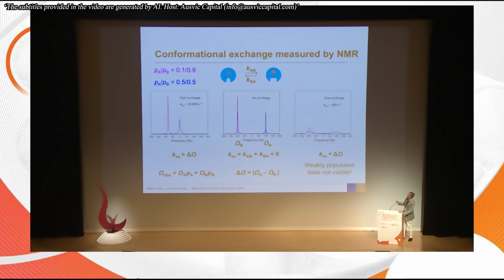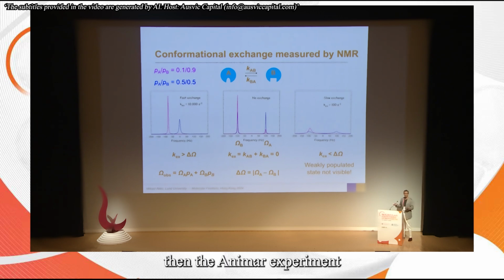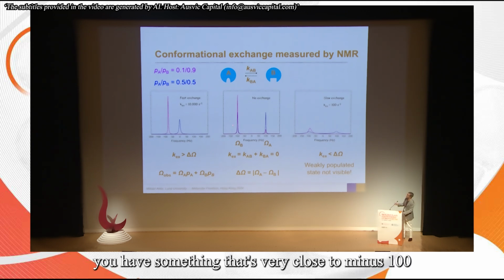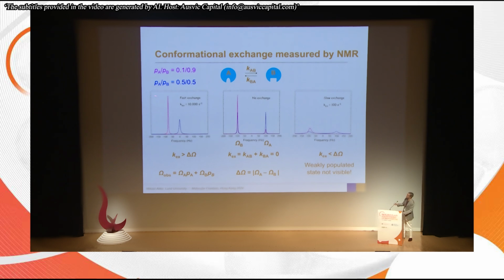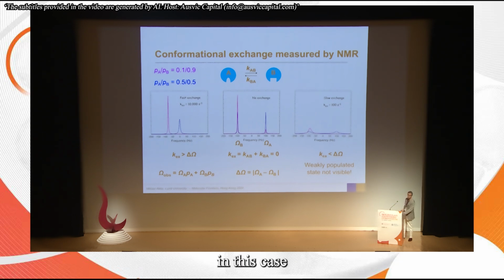So if the rate going back and forth is much greater than that, then the NMR spectrometer can only see the average. Hope that's intuitive to you. And then what you see is the population weighted average of the shift. So for the 10 to 90 case, you have something that's very close to minus 100, minus 90 almost. And if it's equal, it's right in the middle at 0 in this case.